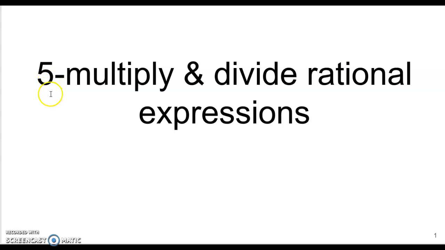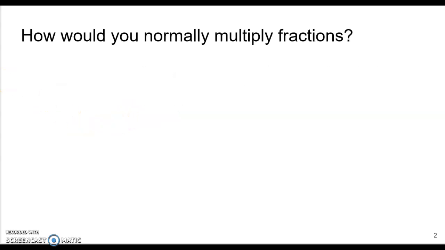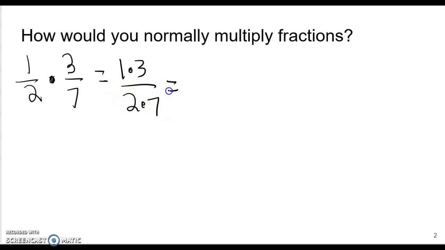Yesterday, or the last lesson, was simplifying rational expressions, so now we're just going to work on multiplying and dividing. If we remember, rational expressions means a polynomial divided by a polynomial. If we were normally just to multiply a fraction, because technically this is a rational expression, if I were to give you this to multiply, you would just do 1 times 3 over 2 times 7, or just 3 over 14.